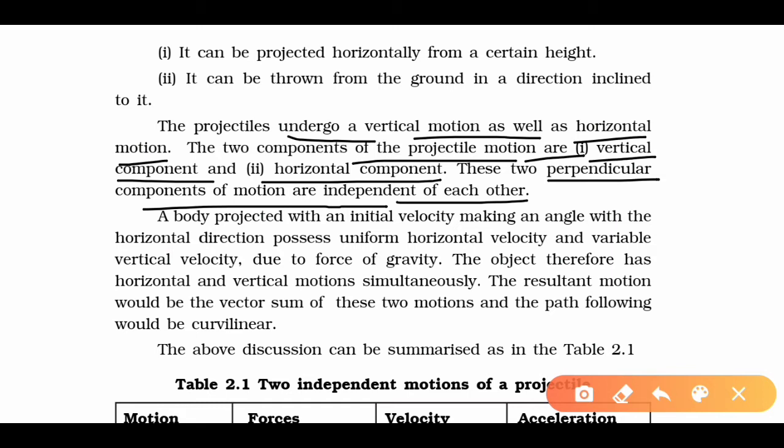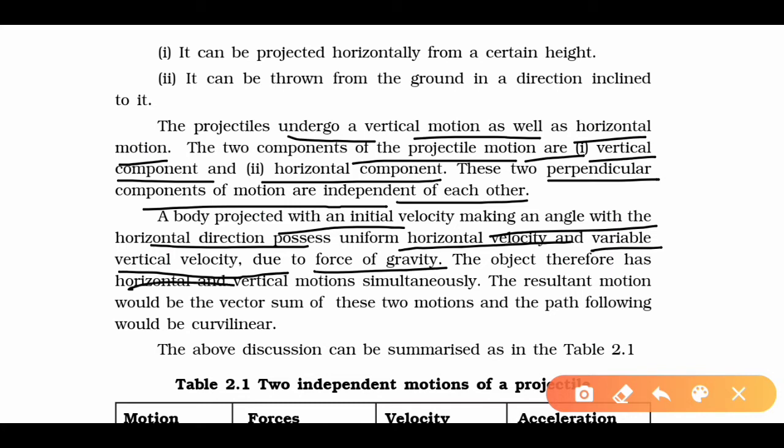A body projected with initial velocity making an angle with the horizontal direction possesses uniform horizontal velocity and variable vertical velocity due to the force of gravity. The object therefore has horizontal and vertical motions simultaneously. The resultant motion would be a vector sum of these two motions, and the path followed would be curvilinear.